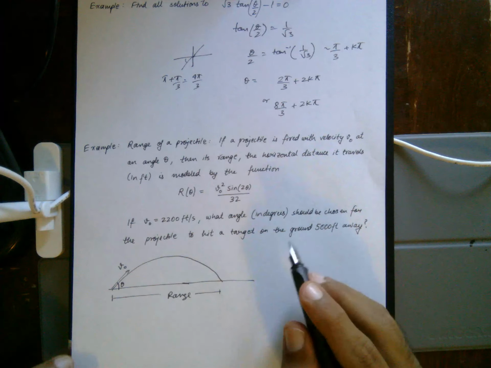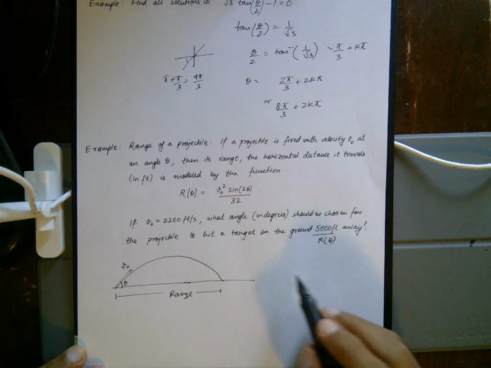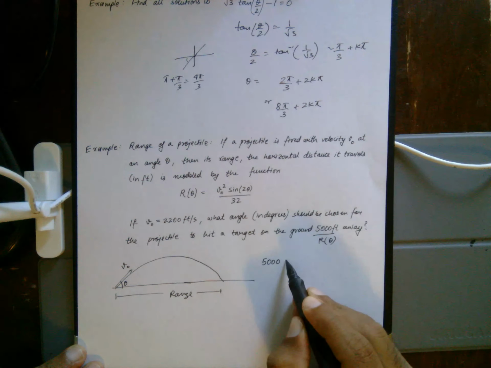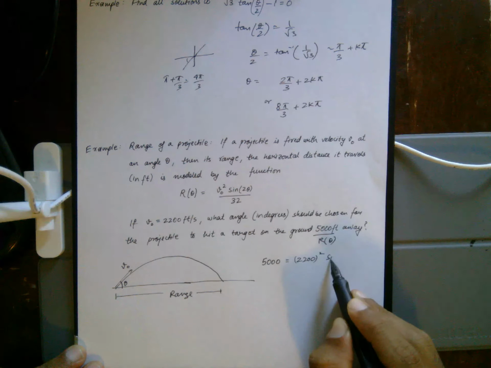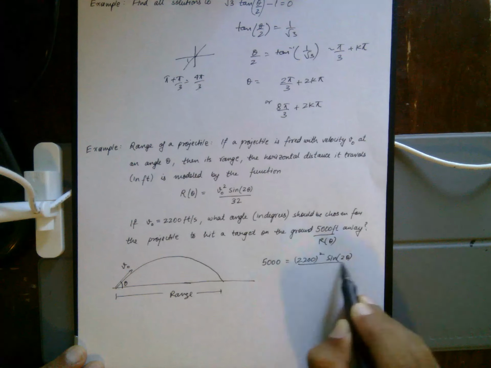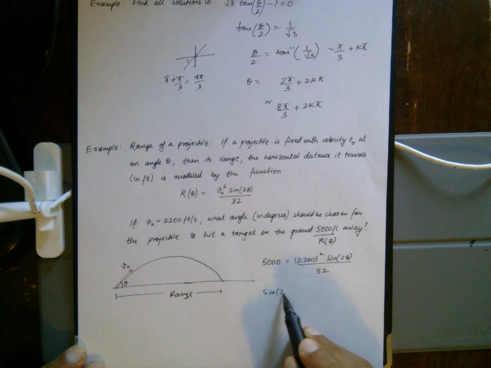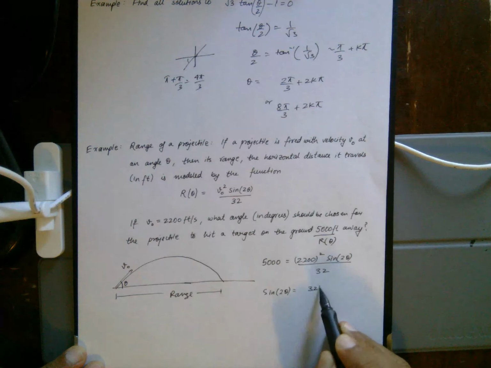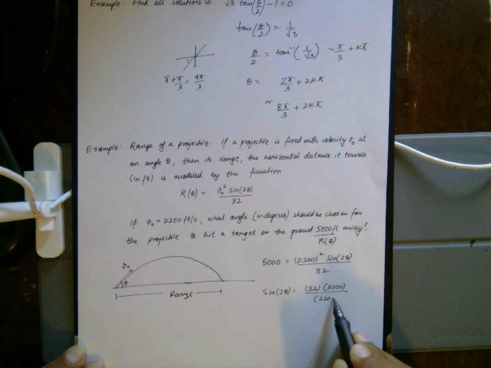So what you're given is the range and v0. So you have that 5000 equals 2200 squared sine 2 theta over 32. Cross multiplying gives you that sine 2 theta is 32 times 5000 over 2200 squared.